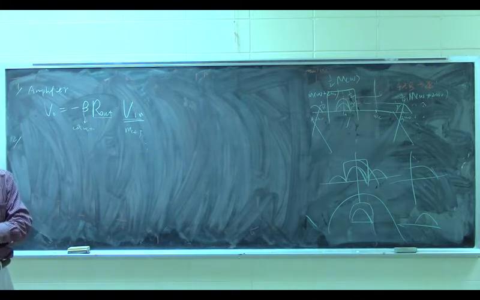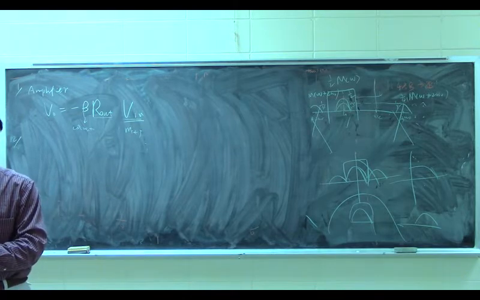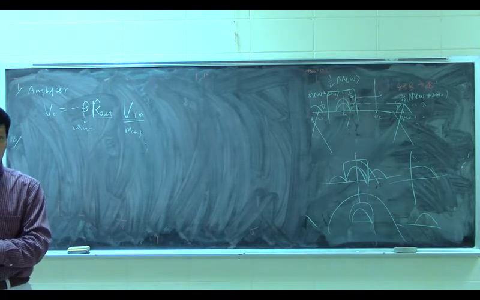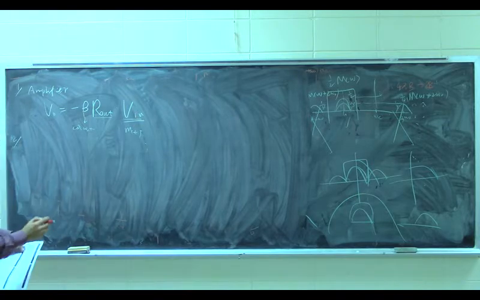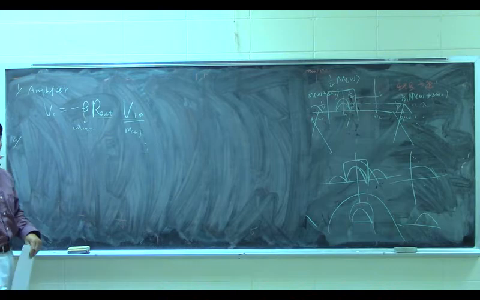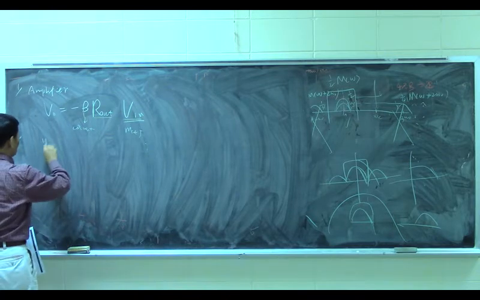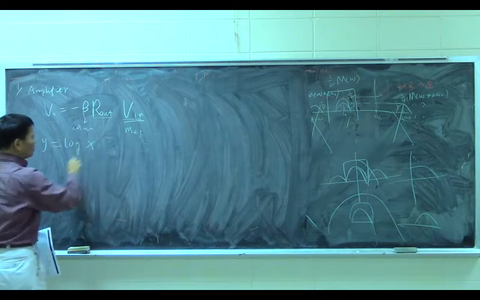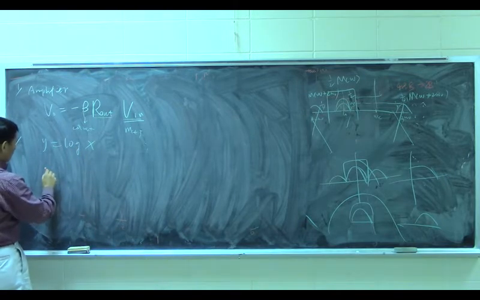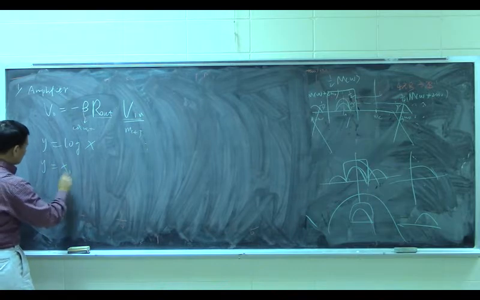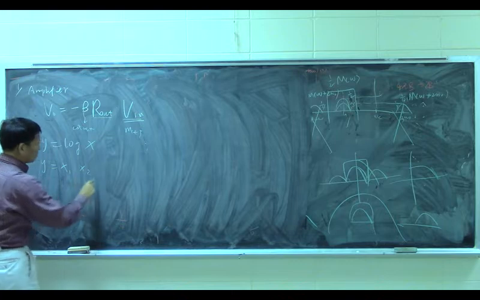The second one is, we know we have a logarithmic amplifier, right? We discussed this before, with operational amplifiers. That means the output equals the log of the input. Now this is what we want: y equals x1 times x2.